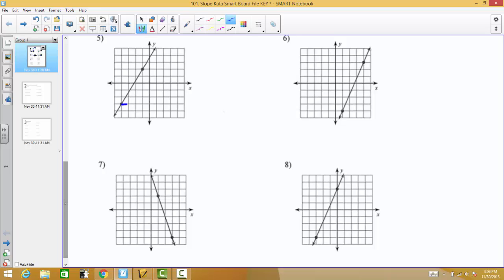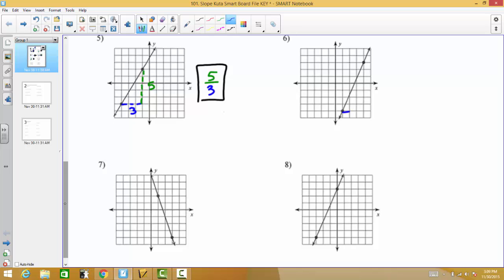In number 5, over 3, up 5. Rise over run, 5/3. You could also write 1 2/5, but again, this is better for the rise over the run.